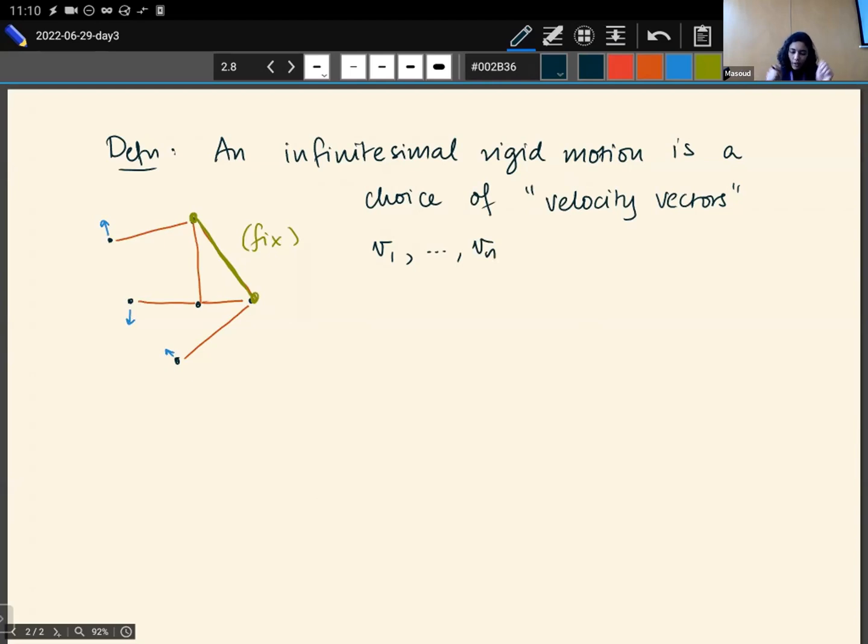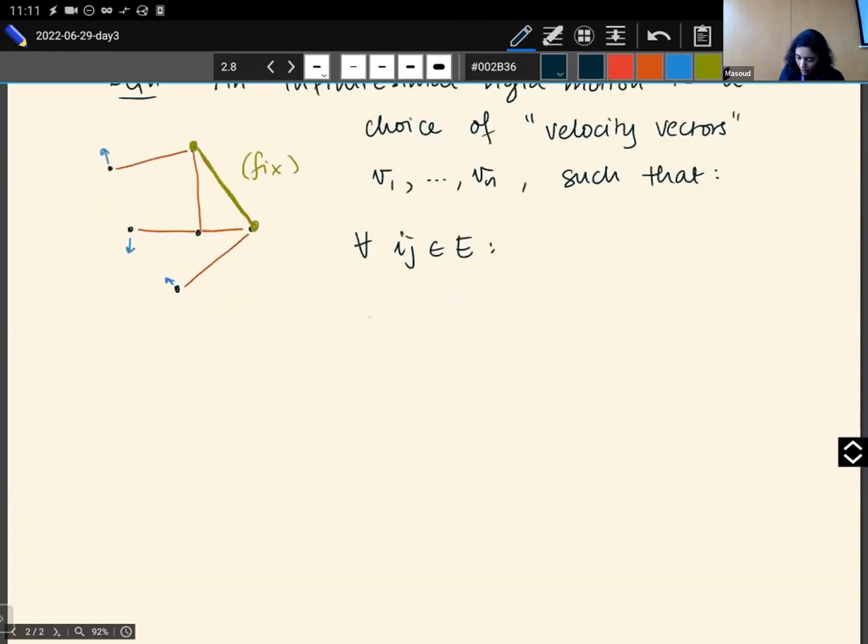So I'm going to choose a velocity vector for each point, but I have to obey the fact that infinitesimally the lengths aren't changing. So this gives me an orthogonality condition. So if I look at any edge, the vector p_i minus p_j has to be orthogonal to the vector v_i minus v_j.